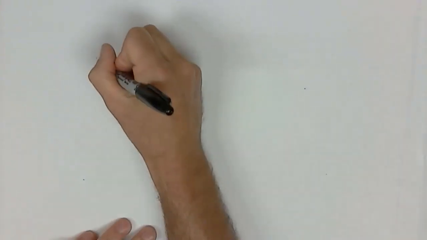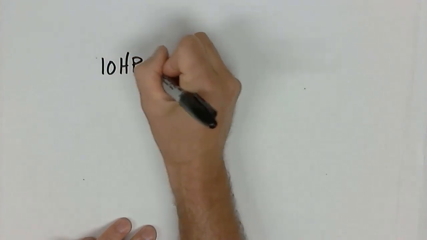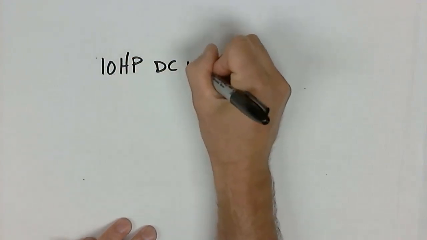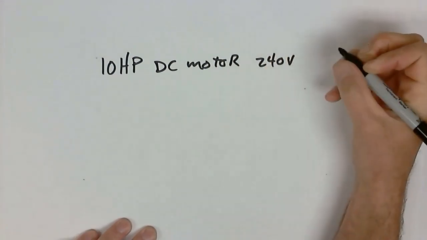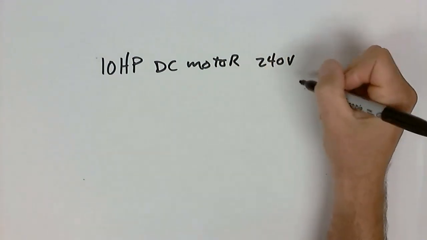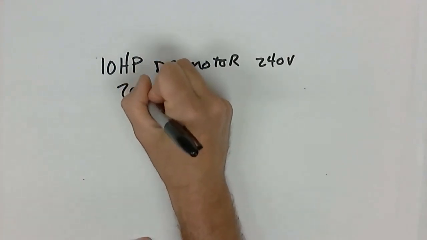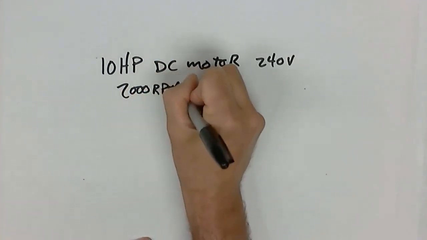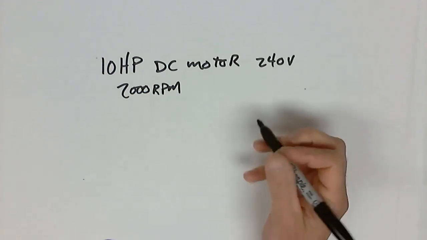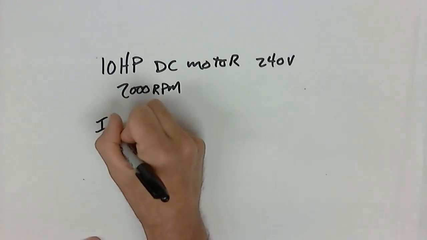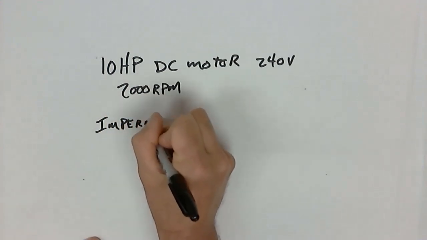For instance, if we had a 10 horsepower motor and it operates at 240 volts and it's turning at 2000 RPM, well, we could calculate both the imperial and the metric torque. So let's do imperial and metric.